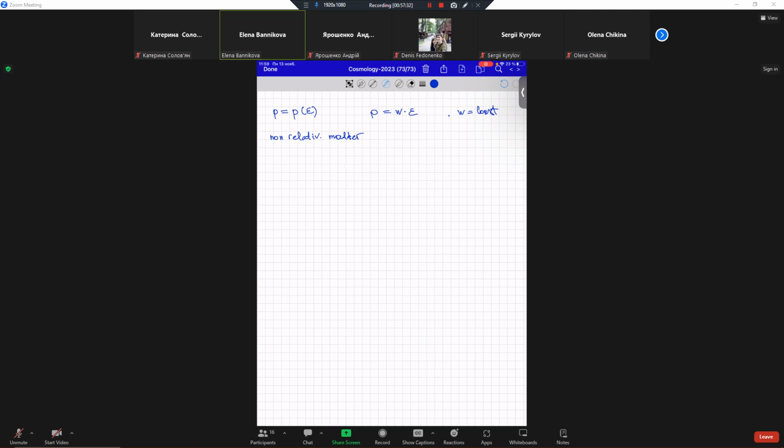When we speak about baryon matter, we understand protons and neutrons. This also includes electrons, which are leptons, but the mass of electrons and leptons is so small in comparison to the baryons that it's not important. So baryons: planets, stars, gas, everything.